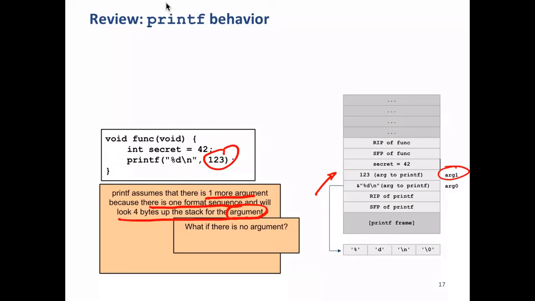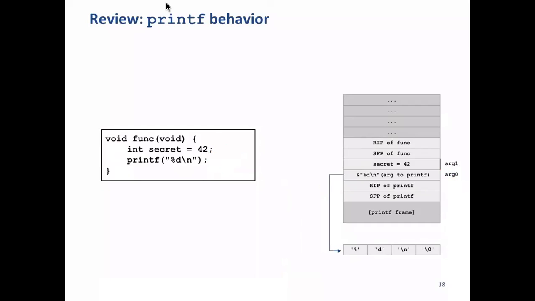So what happens if there is no argument? It means that now you give this one. The stack is as follows, and there is no argument, so there is nothing as argument 0.